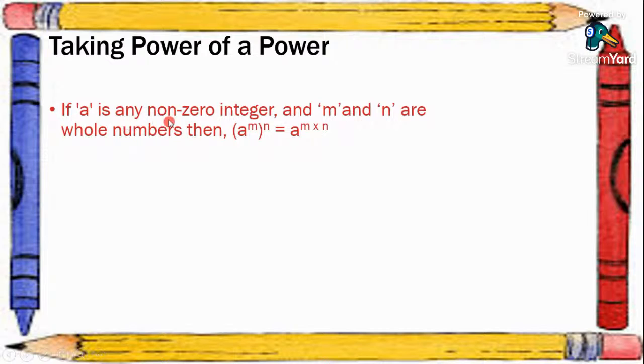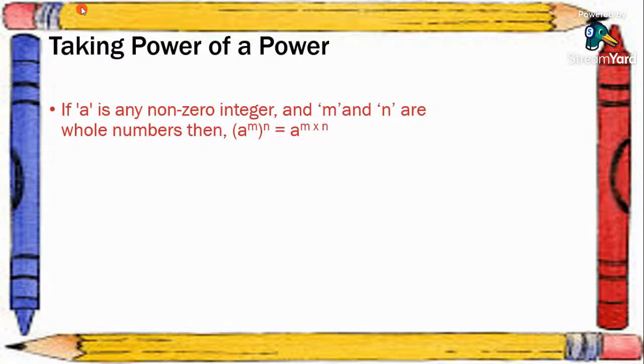If a is a non-zero integer, and m and n are whole numbers, a to the power of m whole to the power of n is equal to a to the power of m into n. Now what does this mean? What is power of a power? I will explain it all.